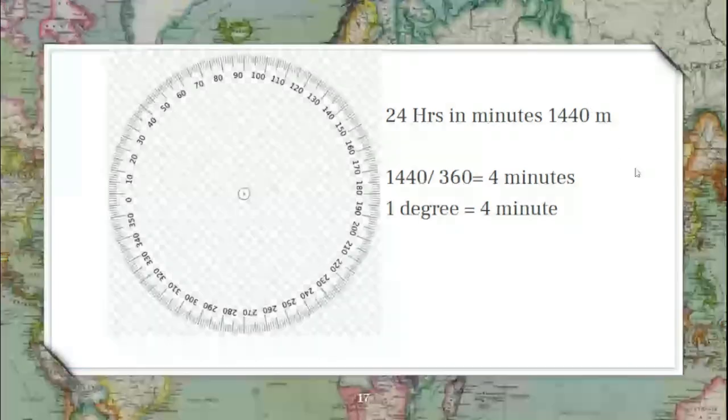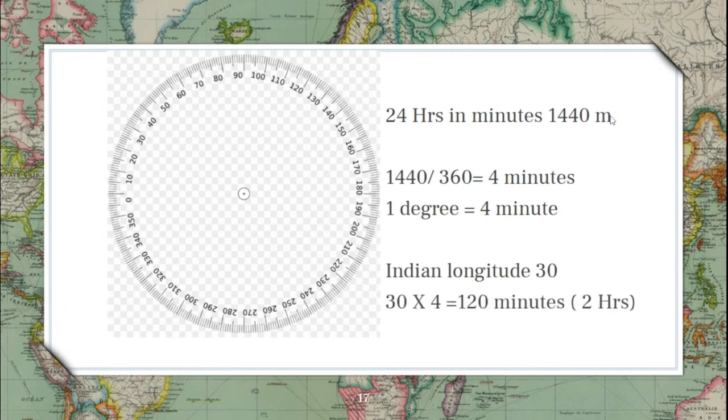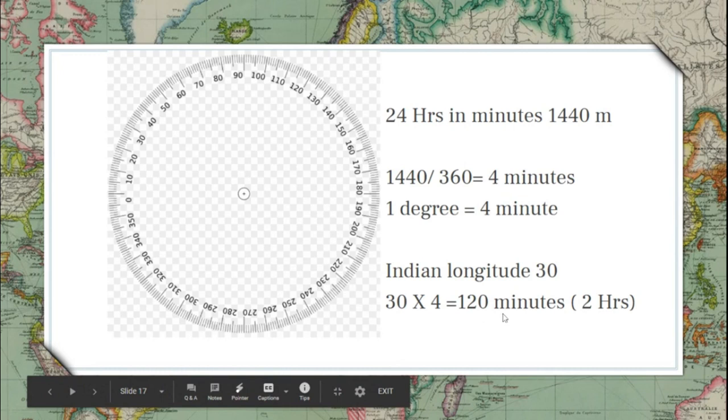If you multiply this 30 with 4 minutes, in India we have 120 minutes difference. If you convert it to hours, there is a 2 hour difference. From Gujarat to Arunachal Pradesh, a 2 hour difference will be there. To avoid these time issues, now let's analyze the strategic location of India.